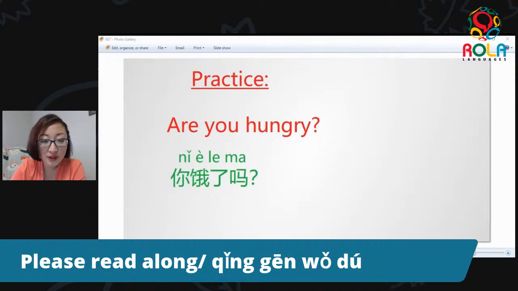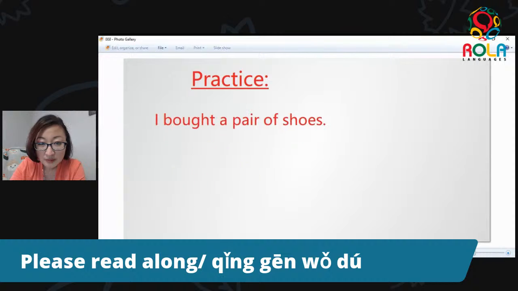All right, let's give it another try. Over here, again, you see an English sentence. I bought a pair of shoes. How do we say that in Chinese, using the word le we've just learned? I bought a pair of shoes. The purchasing a pair of shoes thing has already happened.